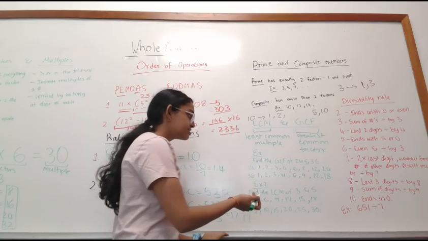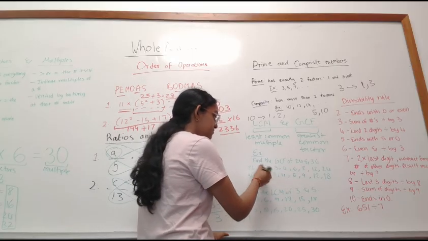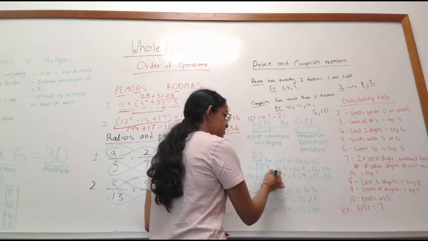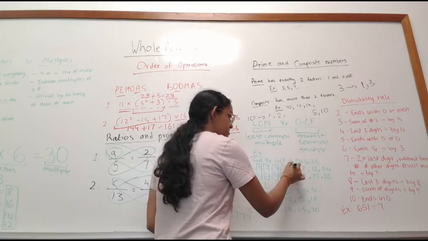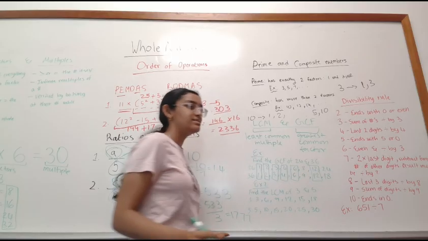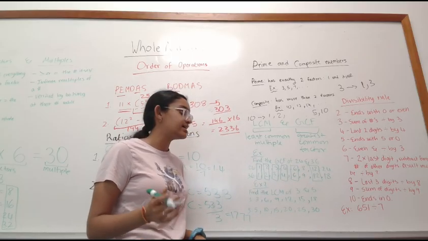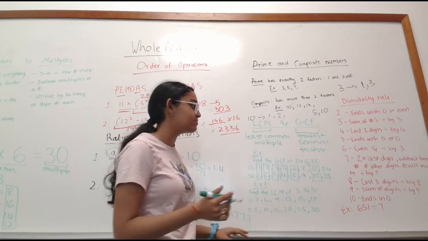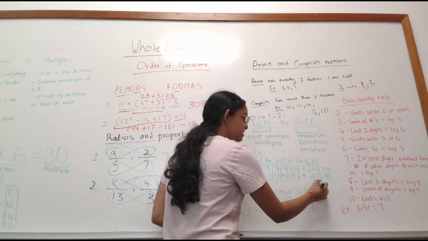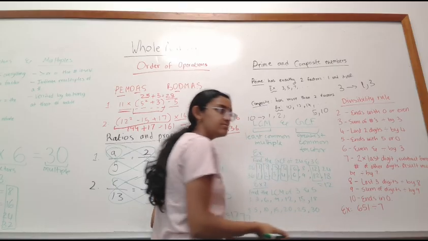If you look at this, they have a lot in common. They have 1 and 1, 2 and 2, 3 and 3, 4 and 4, 6 and 6, and 12 and 12. They asked us to find the GCF, which is the greatest. So out of all of these, the greatest would be 12. So the answer to this would be 12.